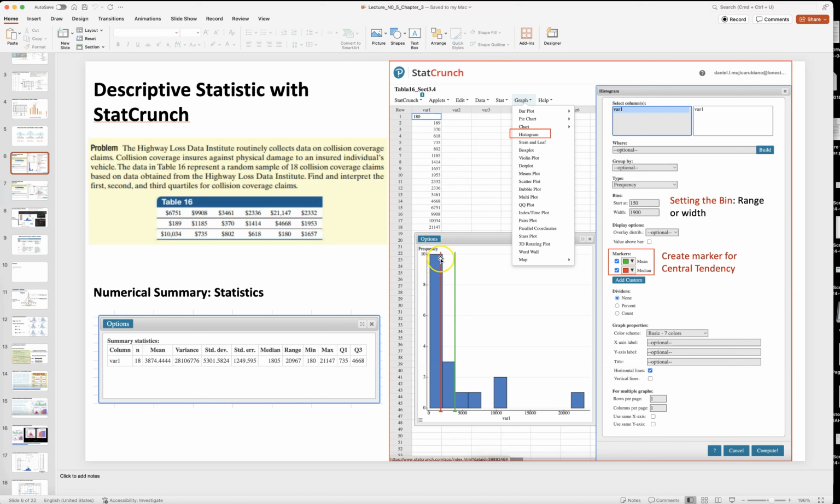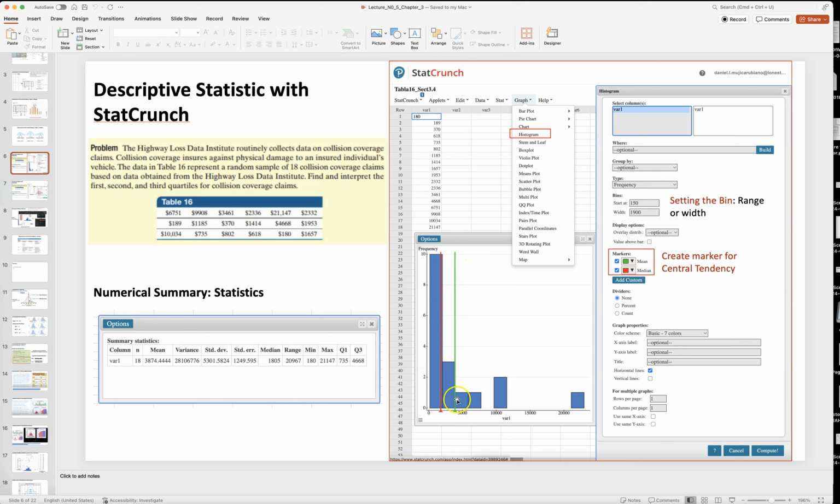But the point that I want to make in here, this is the histogram, and you see that this histogram is quite dispersed around the median or around the mean, because you have outcomes that are really far away from here. Actually, in here, they computed the standard deviation as around 5,300.